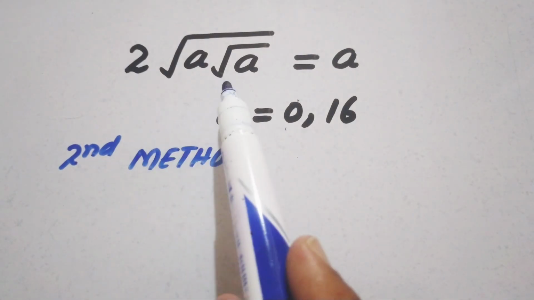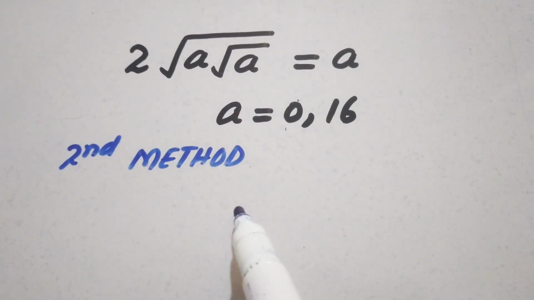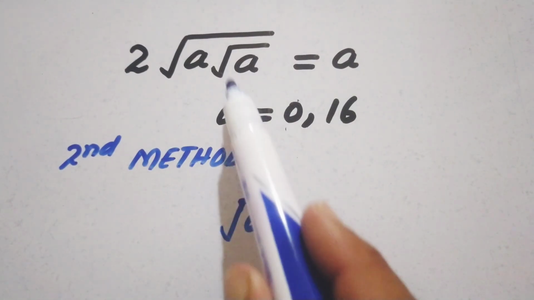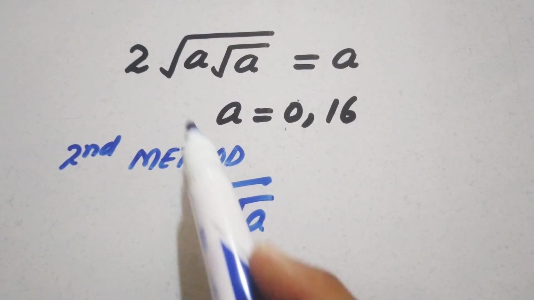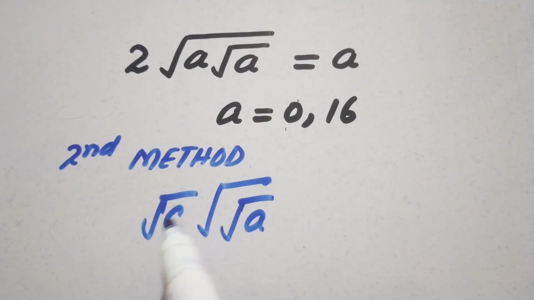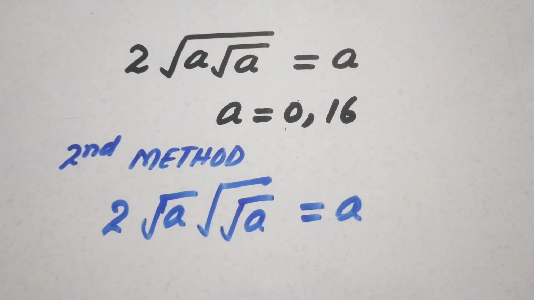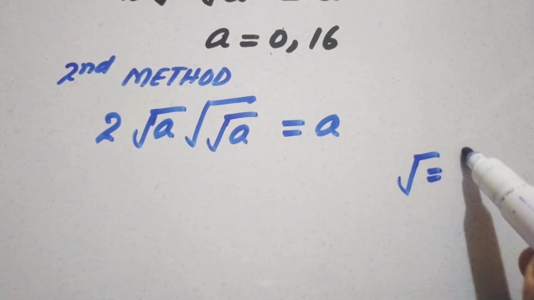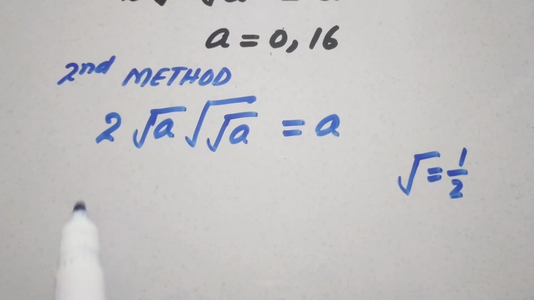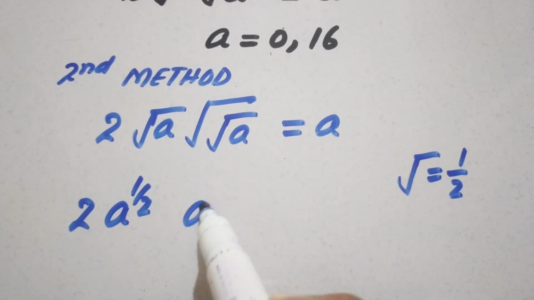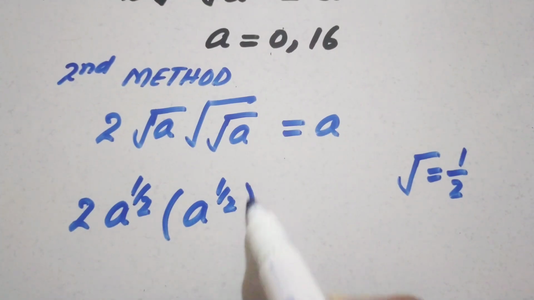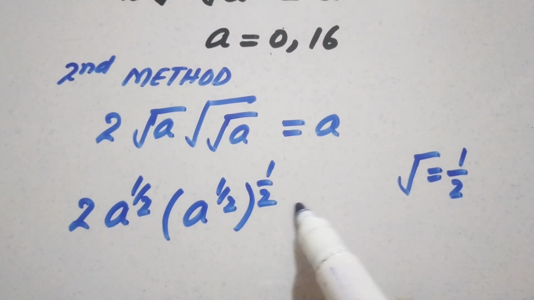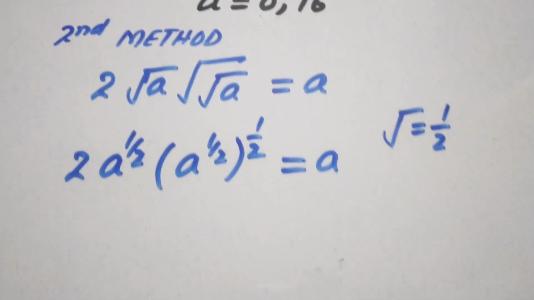Now this left hand side, we can write this as square root of a square root and into square root of a into 2. This is equal to a. But the value of square root is 1 by 2. So using this value here, this will become a power 1 by 2 and this will become a power 1 by 2 whole power 1 by 2 is equal to a.